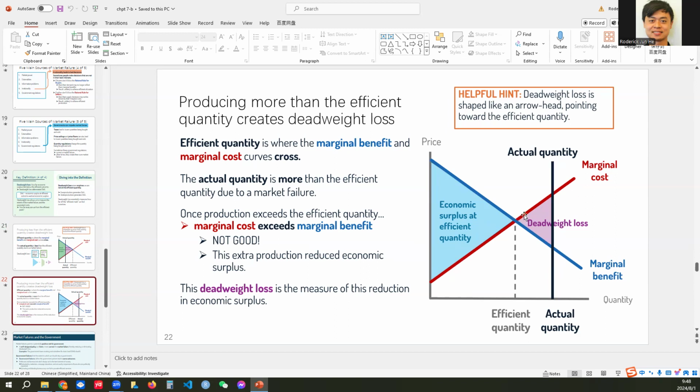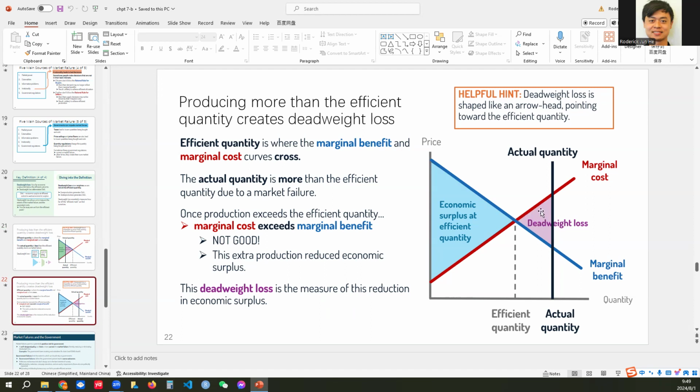So here, cost is 102, benefit is 98. Here, cost is 108, benefit is 95. You see, the more we overproduce, the bigger the deficit will be created.